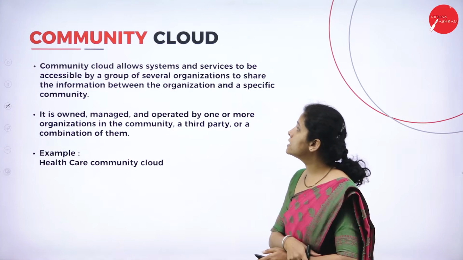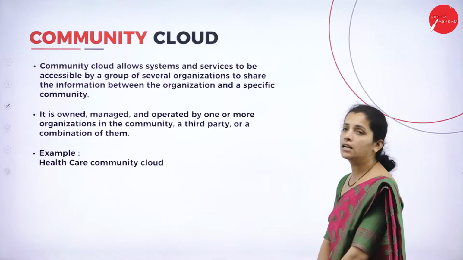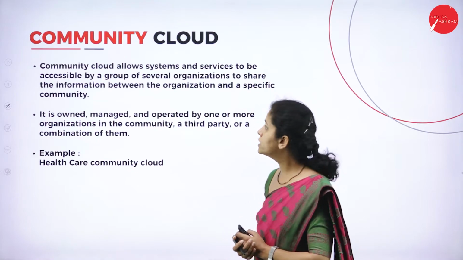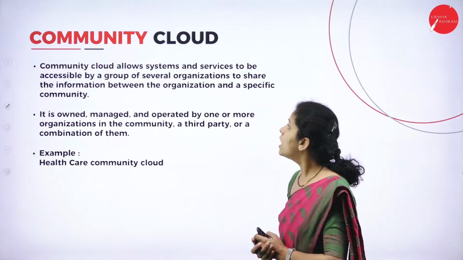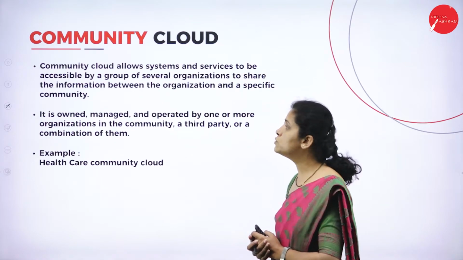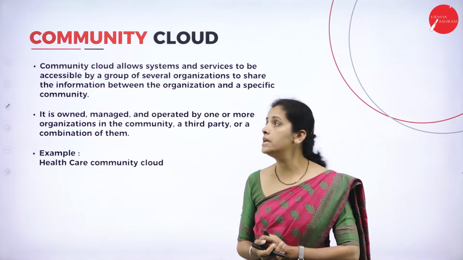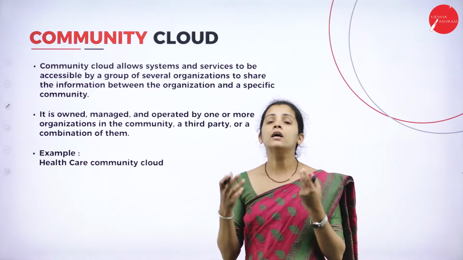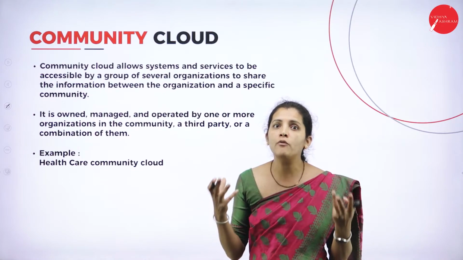My last type is community cloud. What is this community cloud? Here, community cloud allows systems as well as services to be accessed by a group of several organizations. Community means what? A group of people.